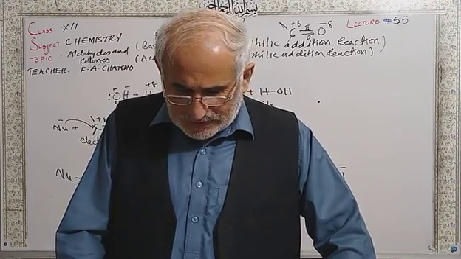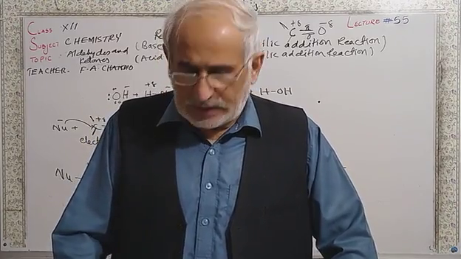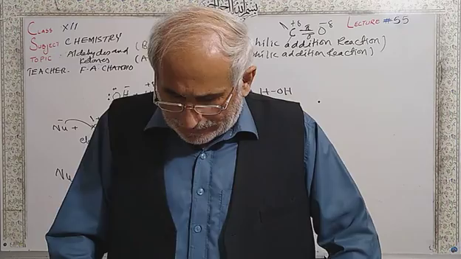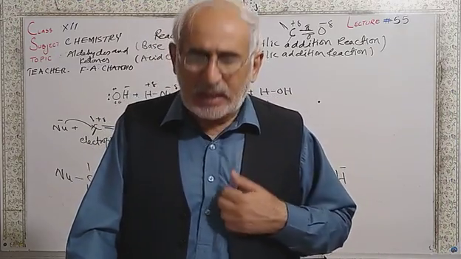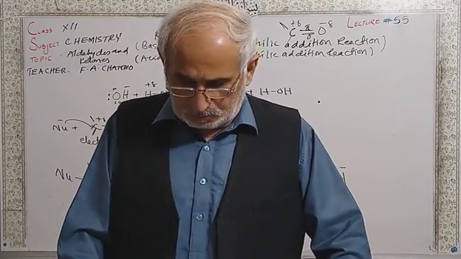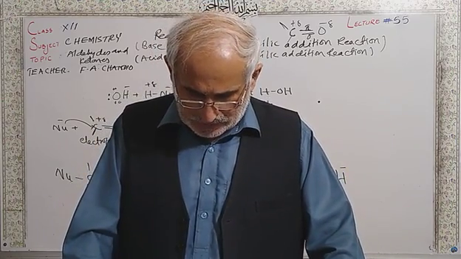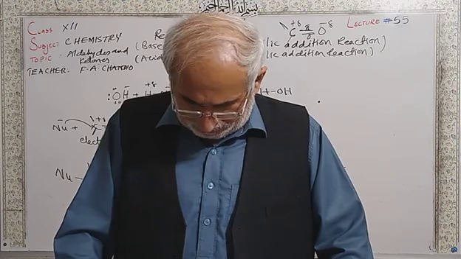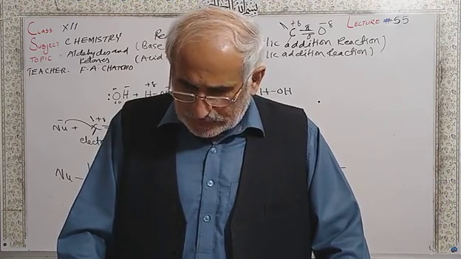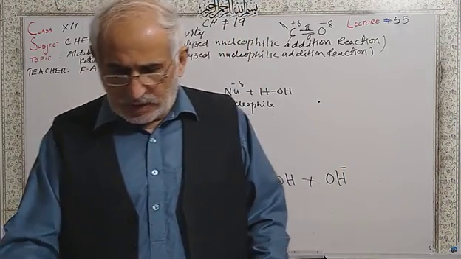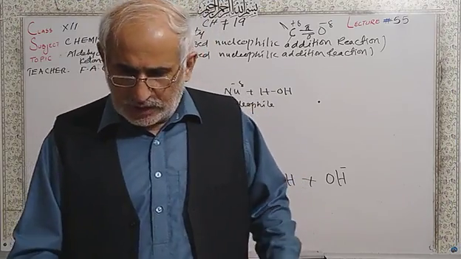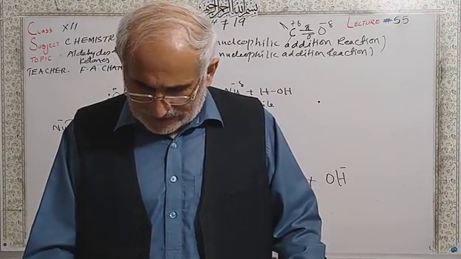The base reacts with the reagent and generates the nucleophile. Already I told you, the addition is initiated by the attack of the nucleophile on the carbon, which is the electrophile of the carbonyl group. So this is the general mechanism for this.